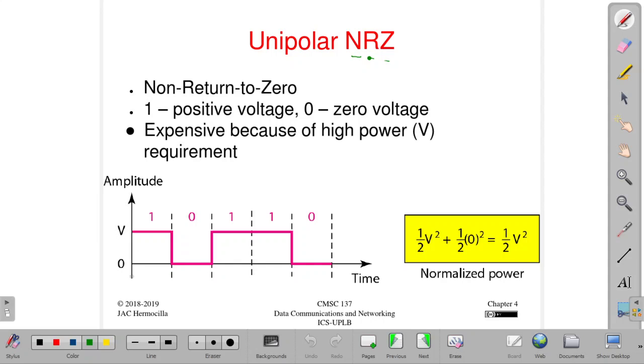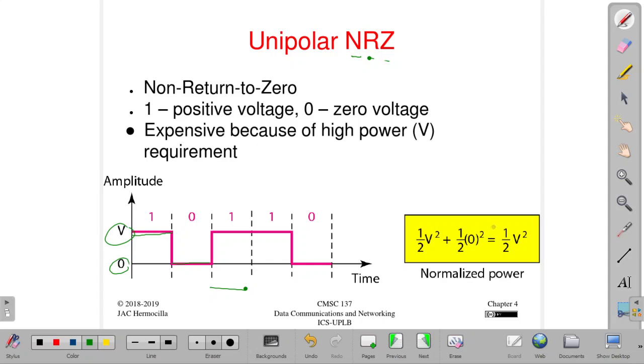We have the y-axis for the voltage level, the zero voltage here, and this is the time axis. So for non-return to zero, we have high voltage to represent 1, then zero voltage to represent 0. Very straightforward.